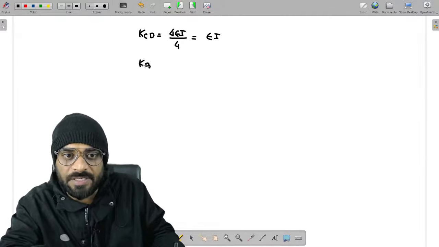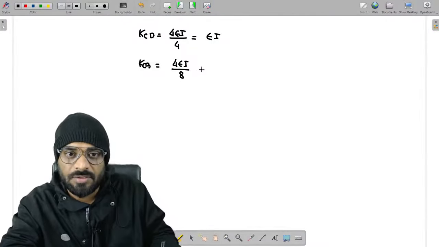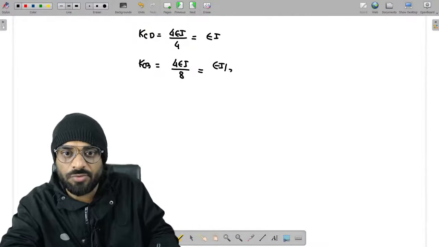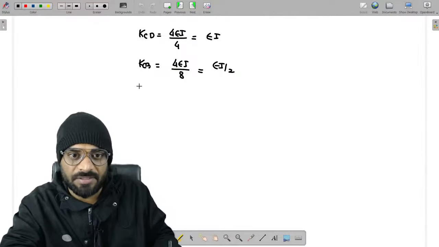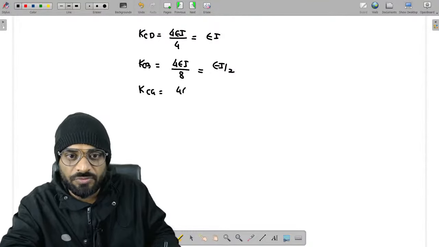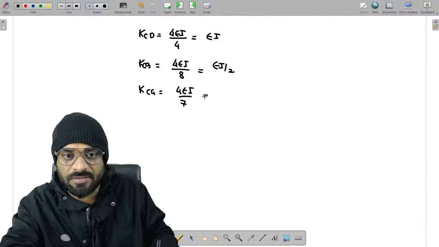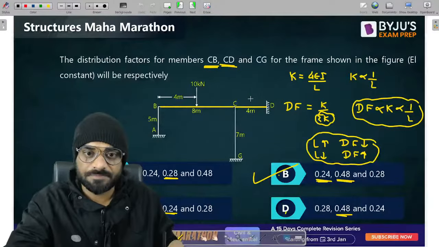Then for CB, 4EI by 8. So it should be EI by 2. Then 4EI by 7, so K CG is 4EI by 7.